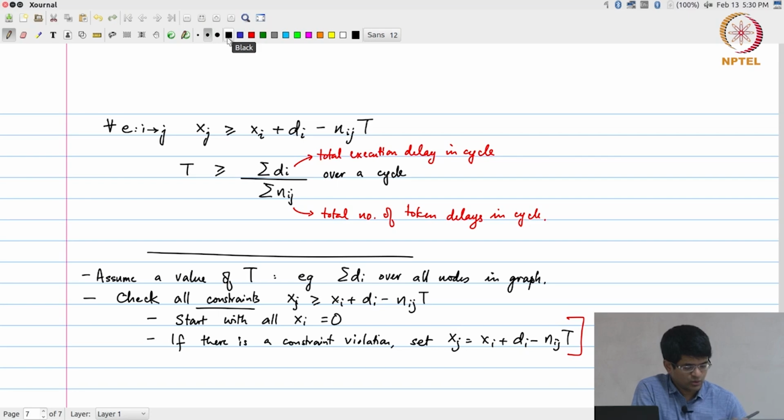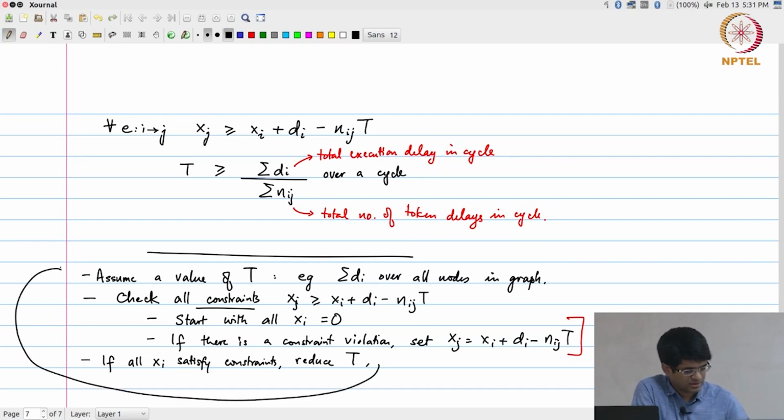Okay. Now, if this works, I can try and reduce the value of t and try again.